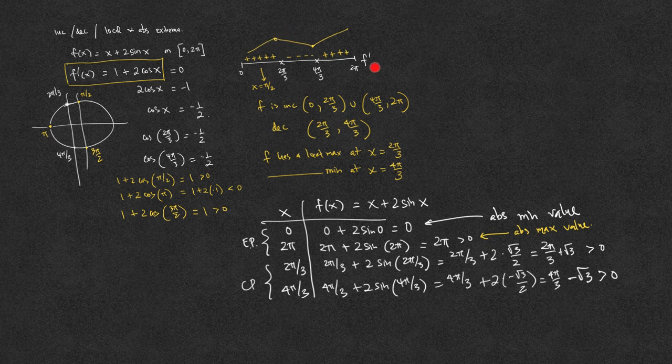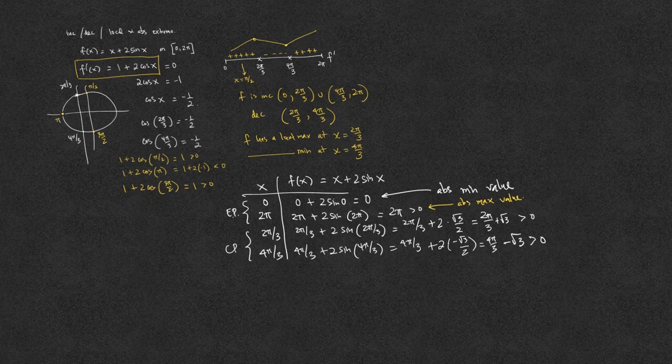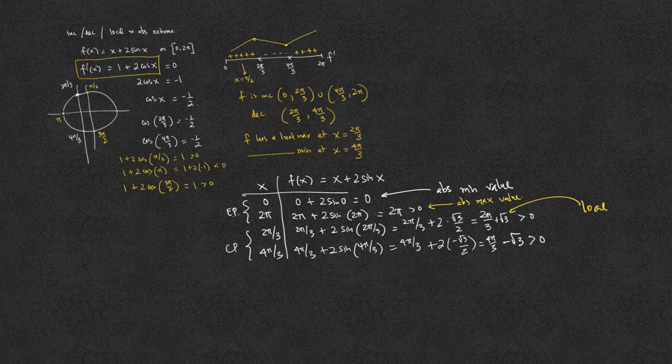From the sign chart of f prime, we see that f has the local maximum at 2 pi over 3, and the local maximum value is 2 pi over 3 plus root 3. 4 pi over 3 minus root 3 is therefore the local minimum value, and it occurs at 4 pi over 3.